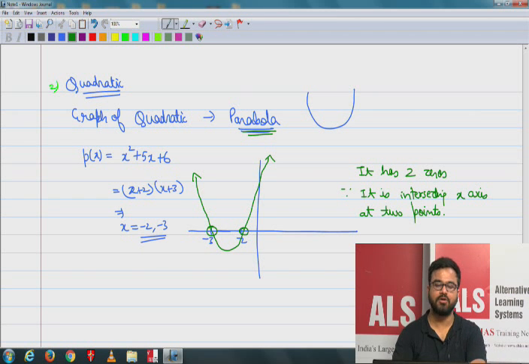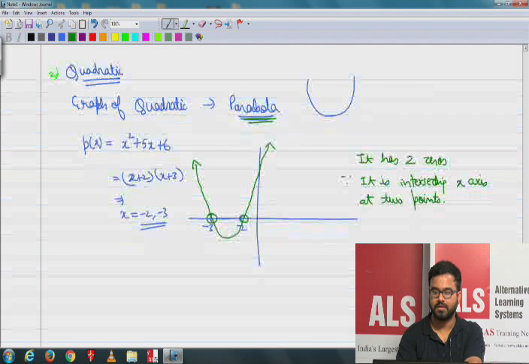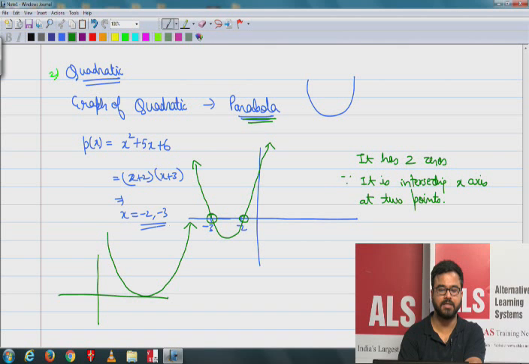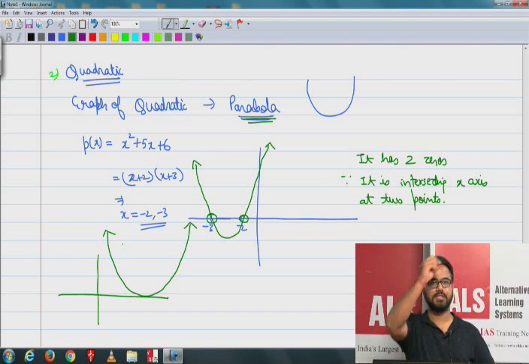Very good. Now if I draw the graph for another one, let's say if I give you the graph of this thing, this is again the graph of a quadratic polynomial, since it is a U-shaped graph.